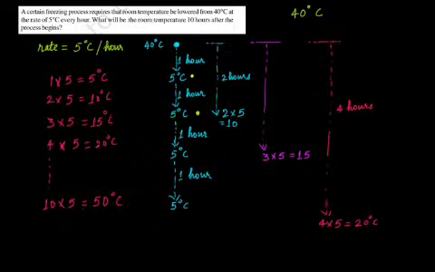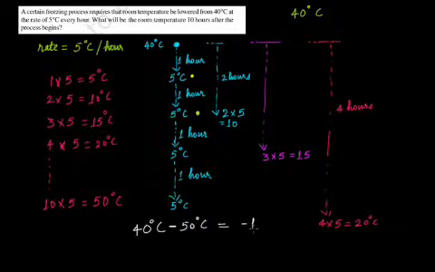You will say that since it was initially 40 degrees Celsius, now our temperature has dropped from 40 by 50 degrees Celsius. So this will be minus 10 degrees Celsius, my room temperature.